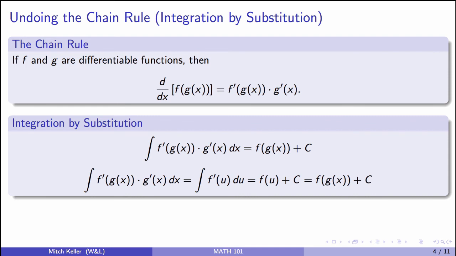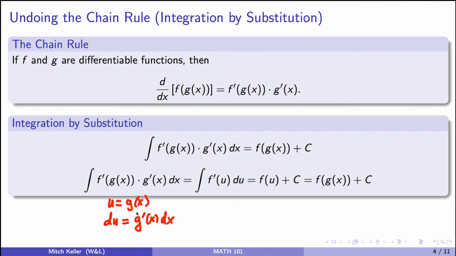The way we do this in practice is we look at something like this, and I'm going to let u equal g of x, and then, working symbolically with differentials, we say du is g prime of x dx.